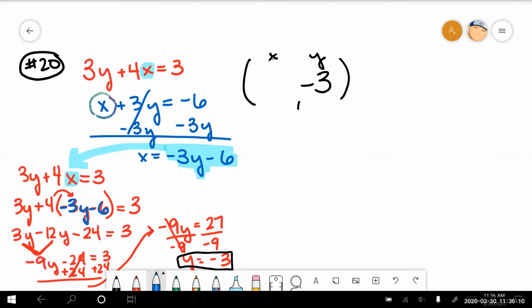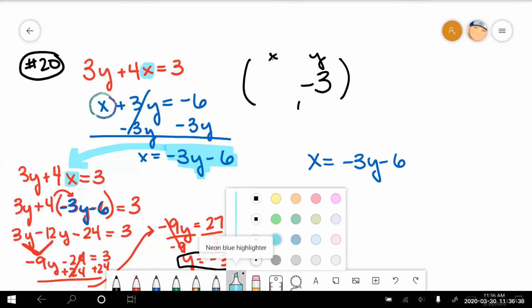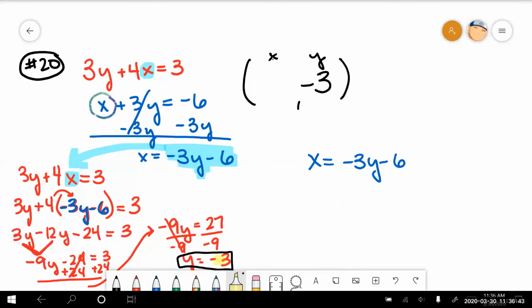So now I'm going to continue. x equals negative 3y minus 6. And again, I could plug this value into any equation I want, into the red one or the blue one. I chose the blue one, the one that we rearranged, because now x equals some expression, and so I can just simplify on one side, which will be nice. So I'm going to plug in negative 3 into y over here.